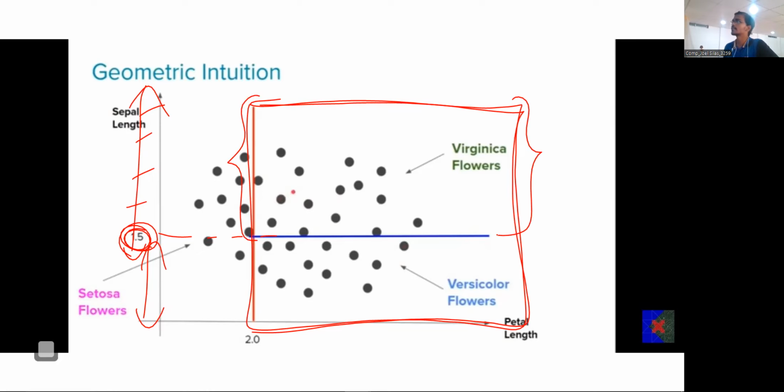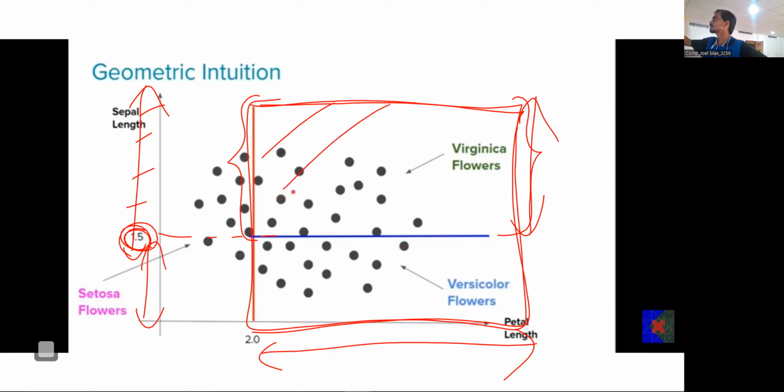If we consider this rectangle, then we can say that petal length greater than 2.0 and sepal length greater than 1.5, that is this particular region. And if it is this region, then we are saying that the flower is of the type Virginica. Okay, so this is how we are dividing in case of numerical features and categorical labels.